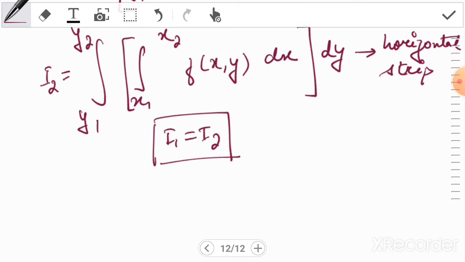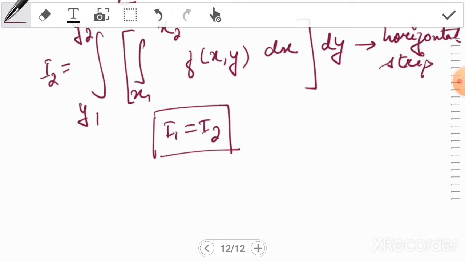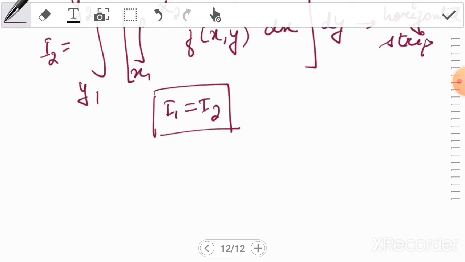So if limits are constant, then you can solve either way. You can integrate first with respect to x or first with respect to y or vice versa, right?